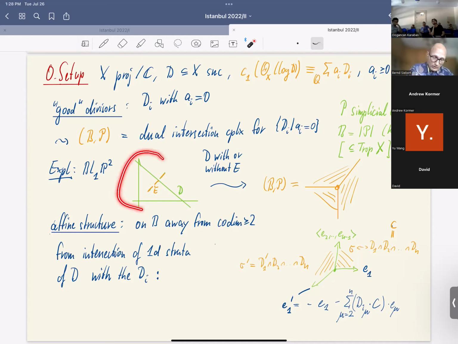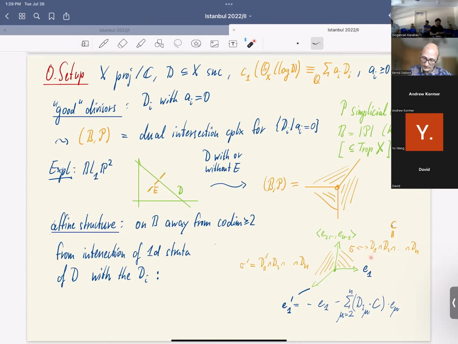So, for example, for the blow-up of P2 in one point, you can take D with or without this exceptional divisor. And in each case, the Gross-Siebert skeleton will look like the fan of P2. And then you define an affine structure on B away from codimension larger or equal to 2, from the intersection numbers of one-dimensional strata. They correspond to choices of n minus 1 divisors.